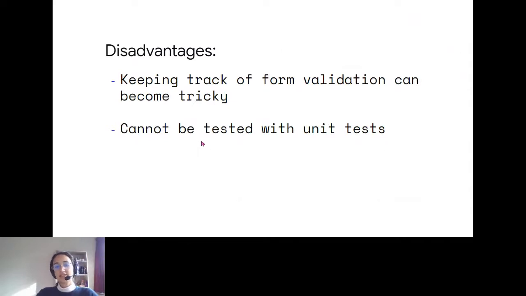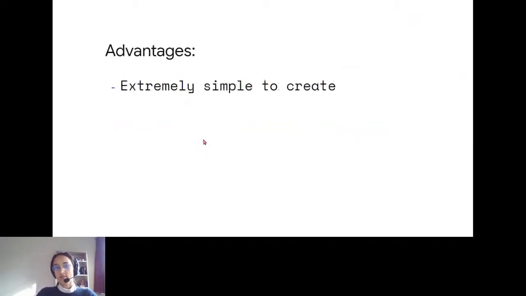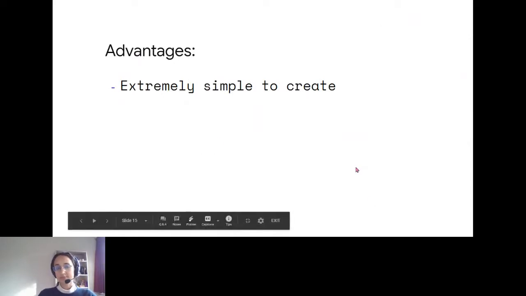The other disadvantage is you cannot test it using unit tests with frameworks such as Karma. But the advantage is if you have very simple forms, it's very easy and very quick to do. It's also extremely easy to learn this way of creating forms.